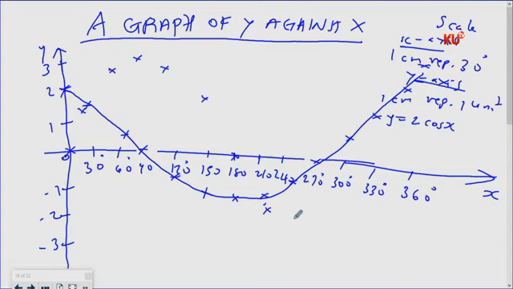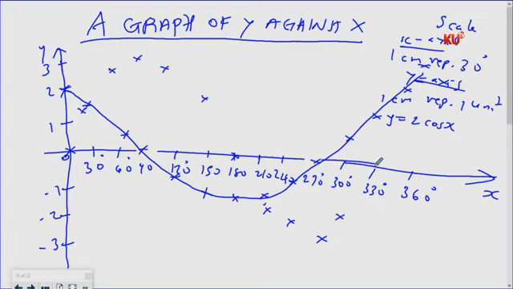Negative 2.6 should be down here. Next, 270. When x is 270, y should be negative 3. Very good, learner. I can see we are very sharp learners here with me. When x is 300, negative 2.6 should be somewhere there.